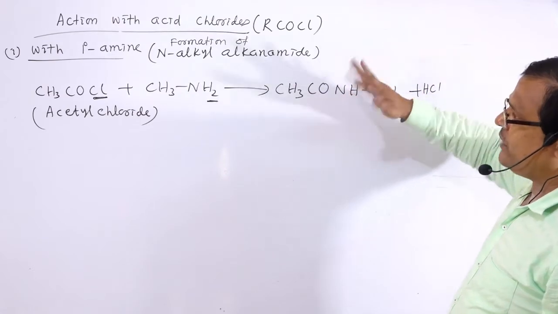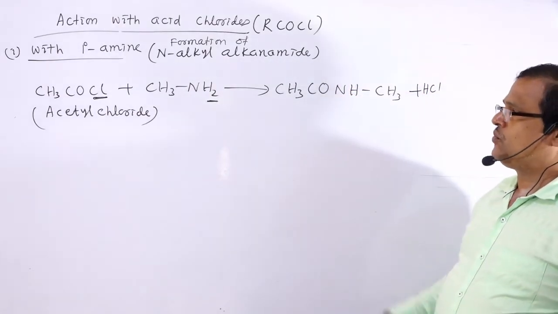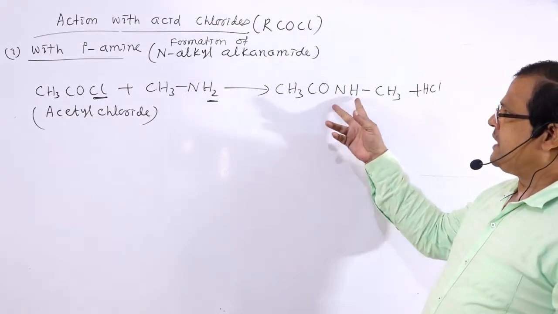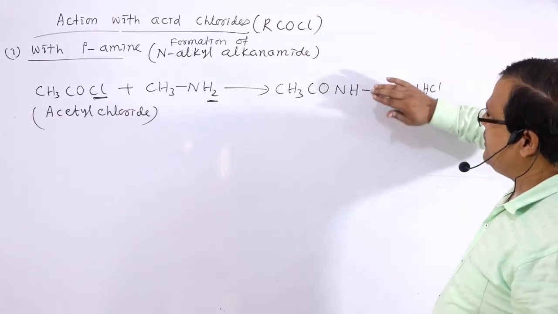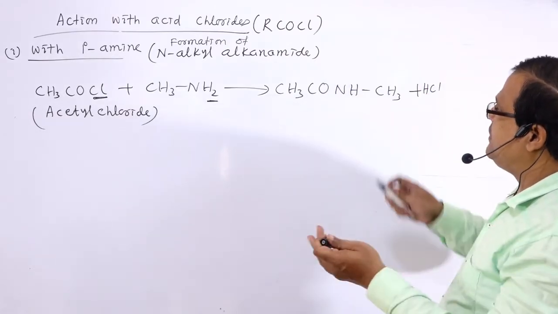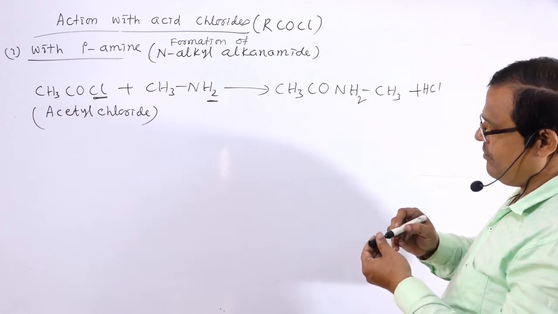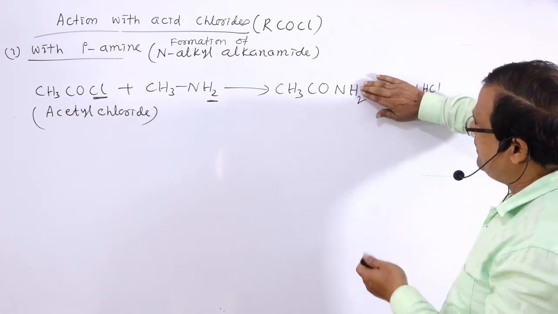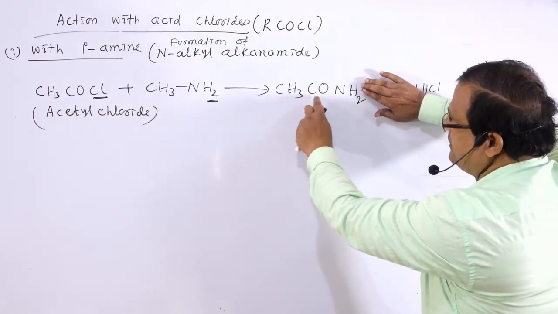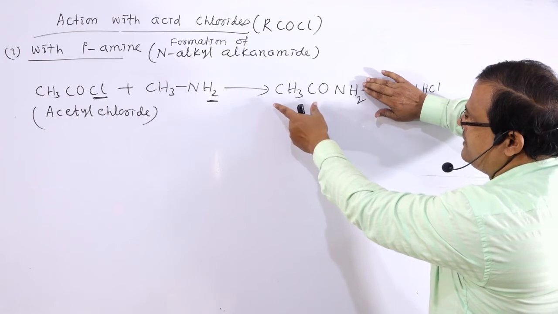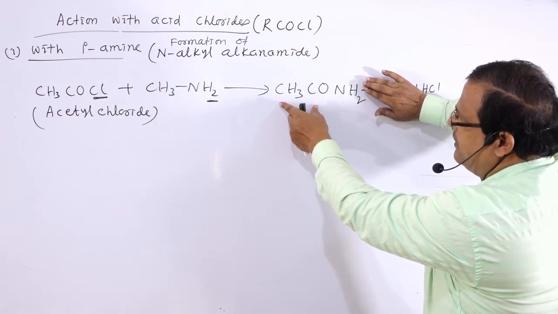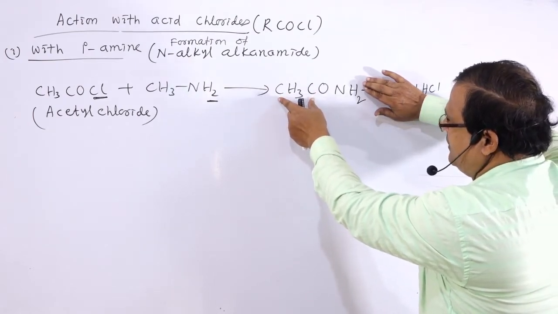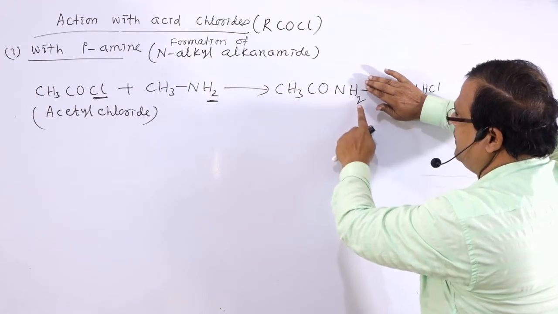Mark it. How do we name this compound? Students make mistakes in this naming. Let us consider that this group is not there. Therefore this will be treated as NH2, giving CH3CONH2, that is RCONH2, an alkanamide, ethanamide.